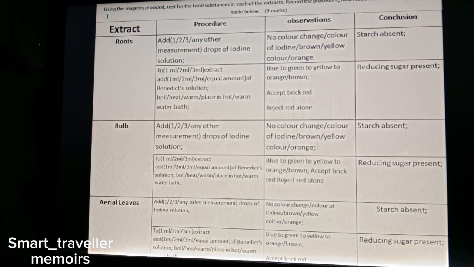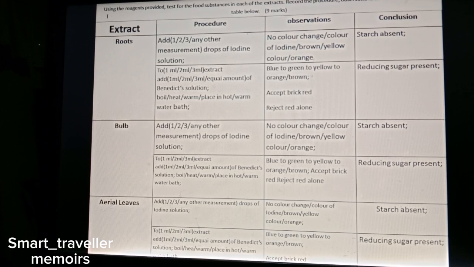To 1 ml or whatever, an equal amount of Benedict's solution. We have blue to green to yellow to orange, so reducing sugar present. That is in the roots. You can see the other literature there.